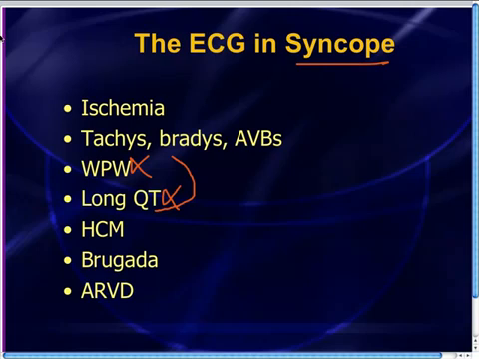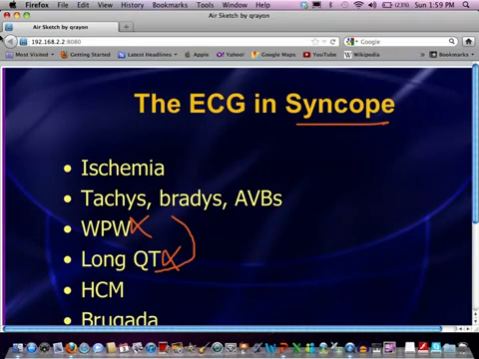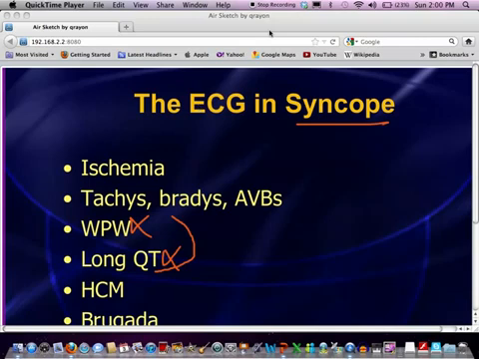When you see the short PR, let that be your tip-off to start looking for those delta waves. If all you're doing is looking for delta waves right off the bat, you're going to miss it, because delta waves are not present in every one of those 12 leads. Let the short PR be your tip-off.